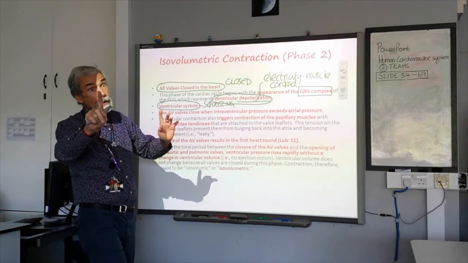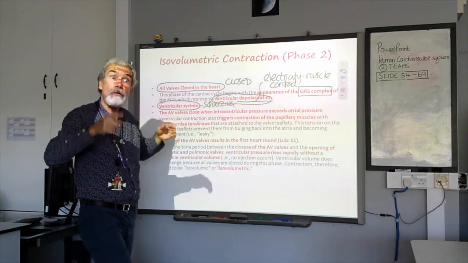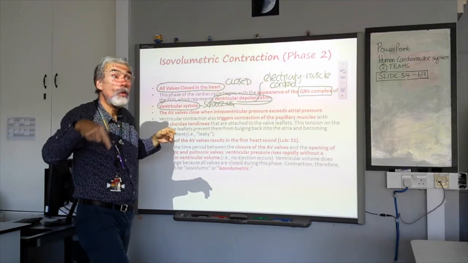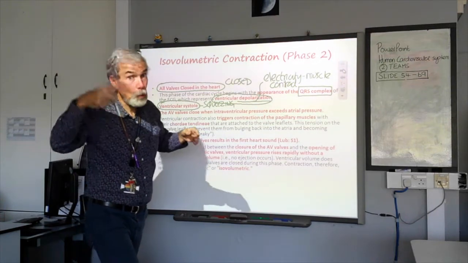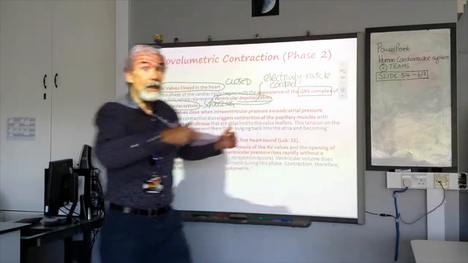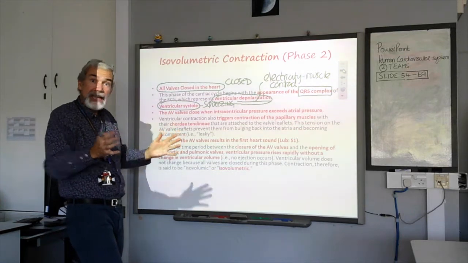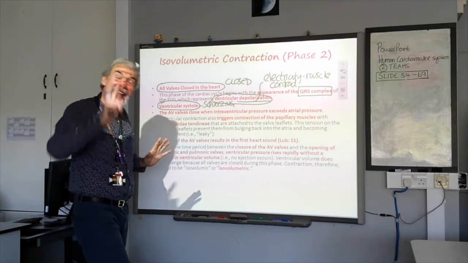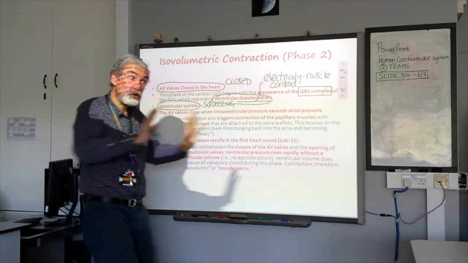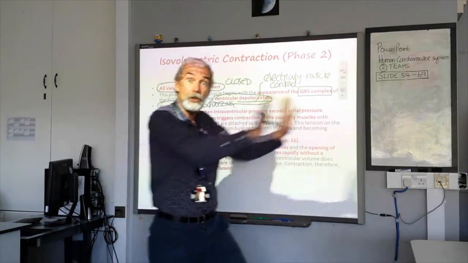But this time, we don't want the blood to go back into the atria because valves only allow blood to flow one way. So we don't want blood going back into the atria. That pressure of the blood in the ventricles is now squeezing, and its natural direction is to force it back the way it came in, because that's the easiest way for it to go.